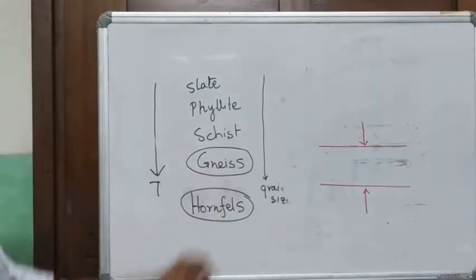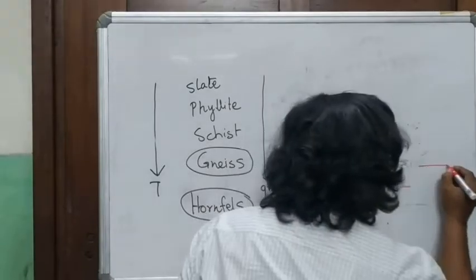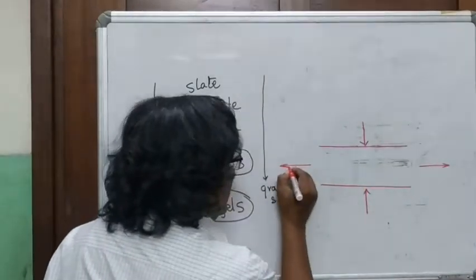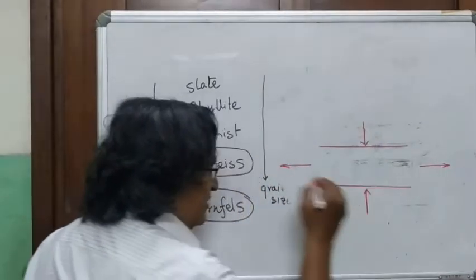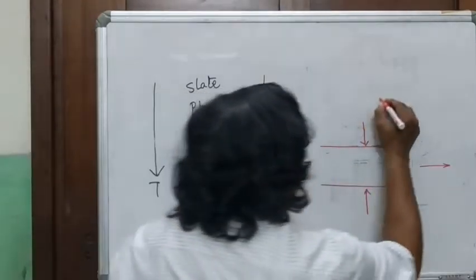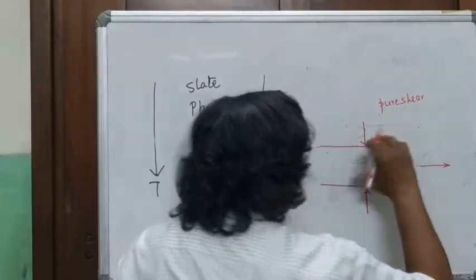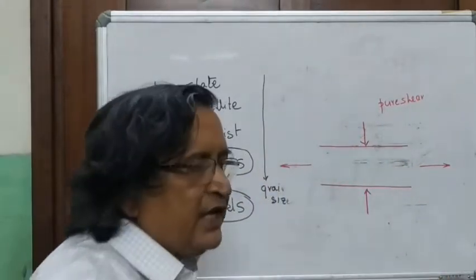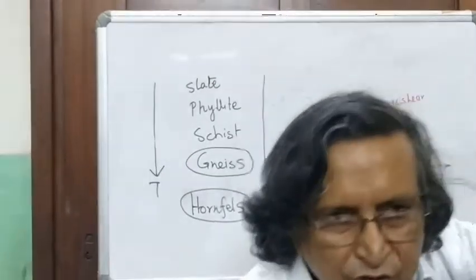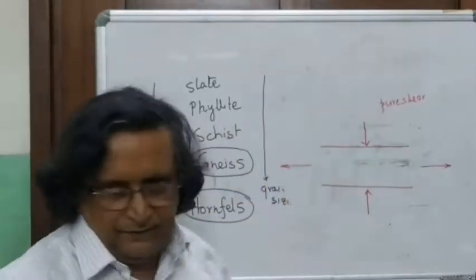If the shortening direction is like this, your stretching direction is like this, at 90 degrees. Let's say in this case it's pure shear. What is pure shear? Where the shortening direction is at 90 degrees to the shear zone wall.